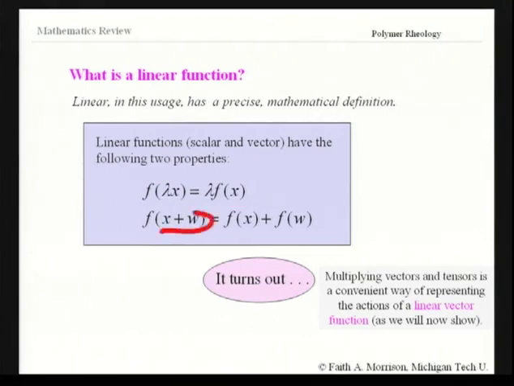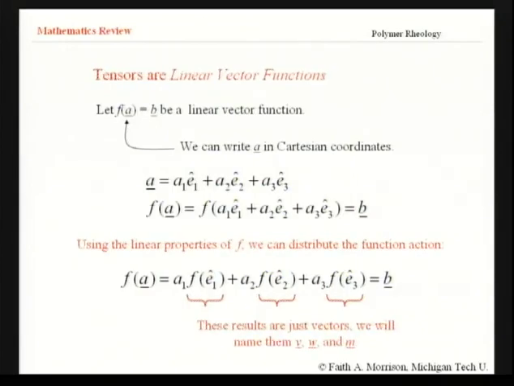Or f of x plus w, I can apply the function in a distributive way and get f of x plus f of w. And those are unusual properties. We talked about sine, for instance, is not a linear vector function. But with those two properties, we were able to show that a tensor appeared very naturally.